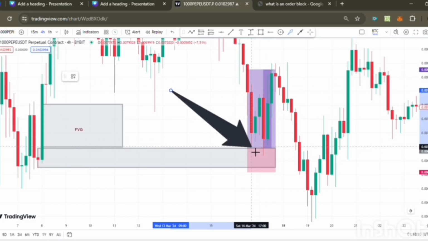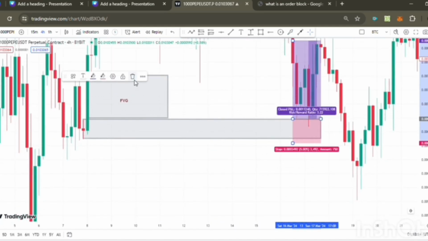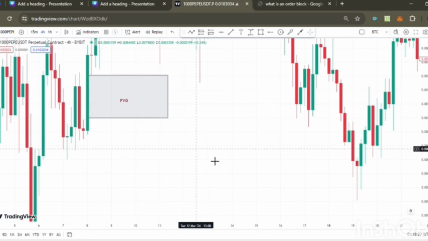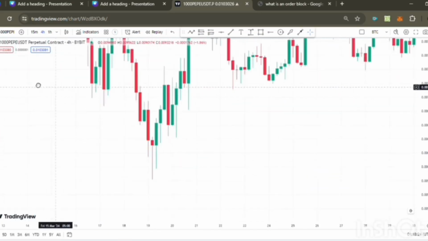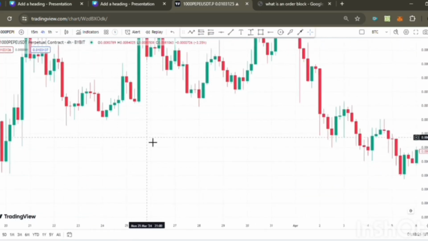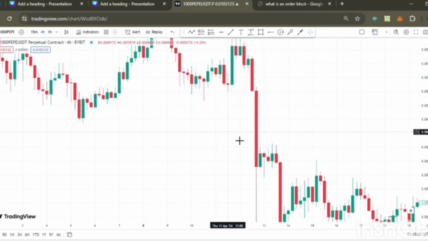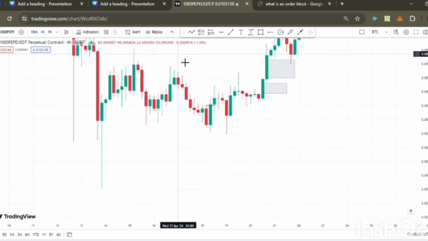Okay, now another form of entry is the mid body entry. Let me use another example to show you this form of entry. This mid body is actually one of my favorite entries.